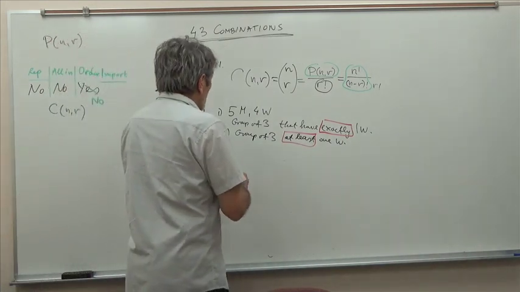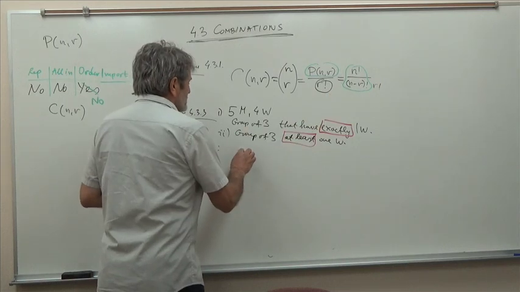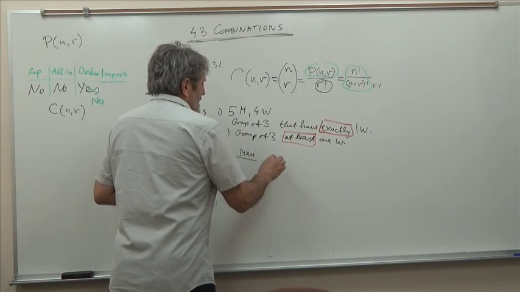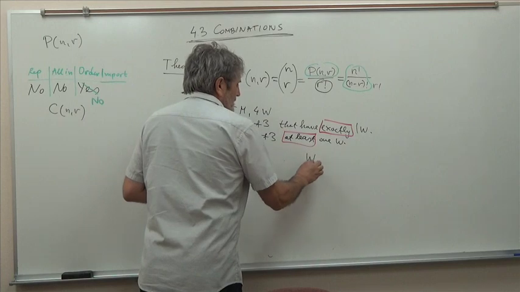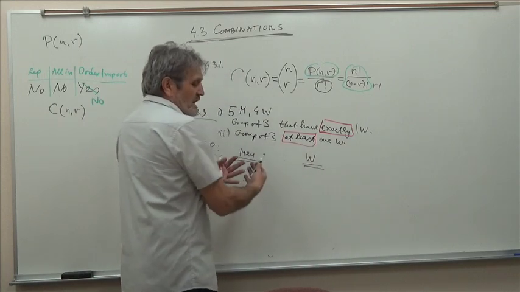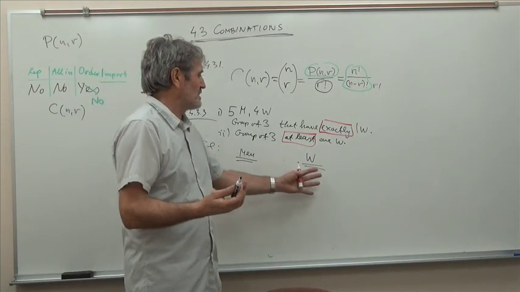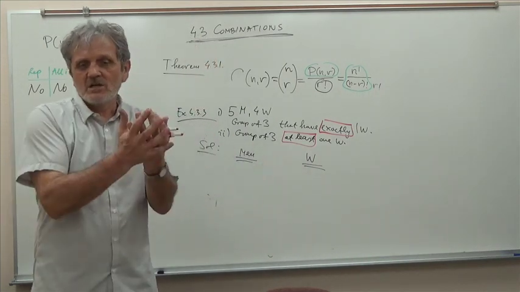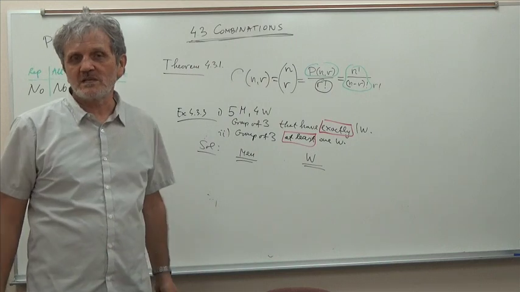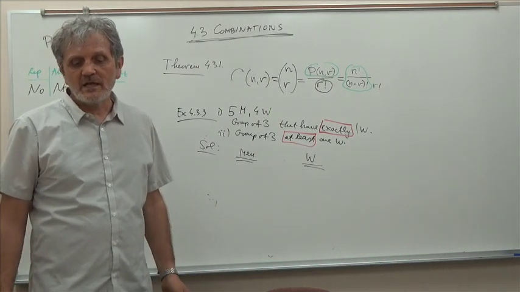On one side, like in one room, I choose men. In another room, I choose women. And then whatever these men give me and whatever these women give me, their choices, I'll put them on the same list and I will get my team.